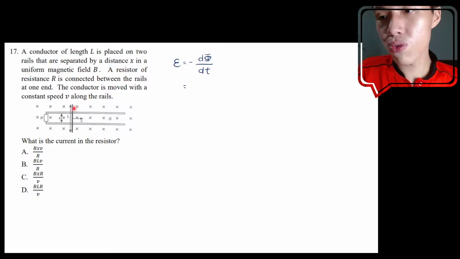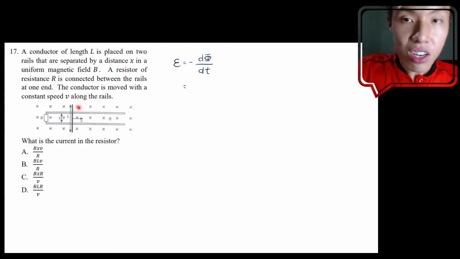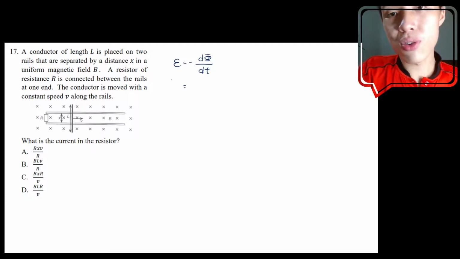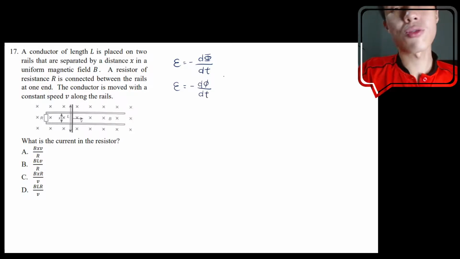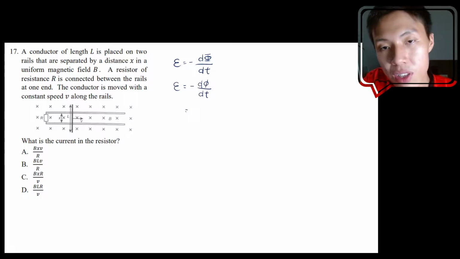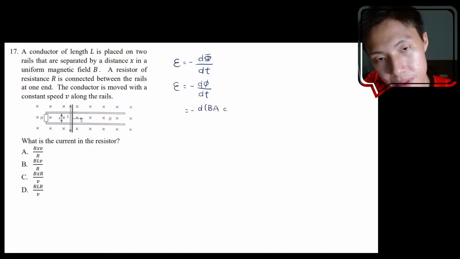It's just two rails and one conductor. So you can immediately change it to negative dφ over dt. Now it's no longer magnetic flux linkage, it's just magnetic flux, because N is equal to 1 here. Then we can say this is BA cos theta.